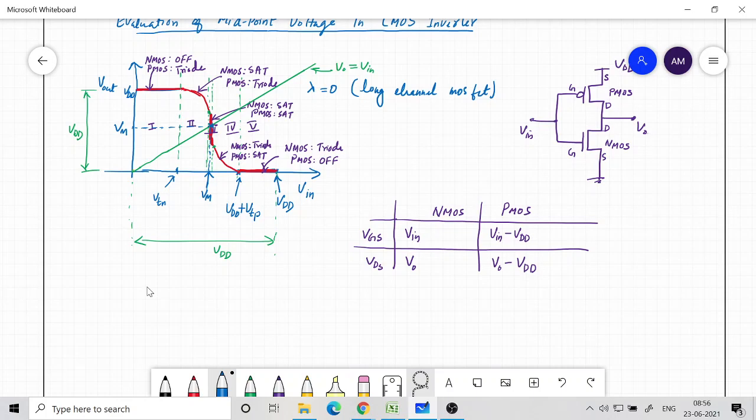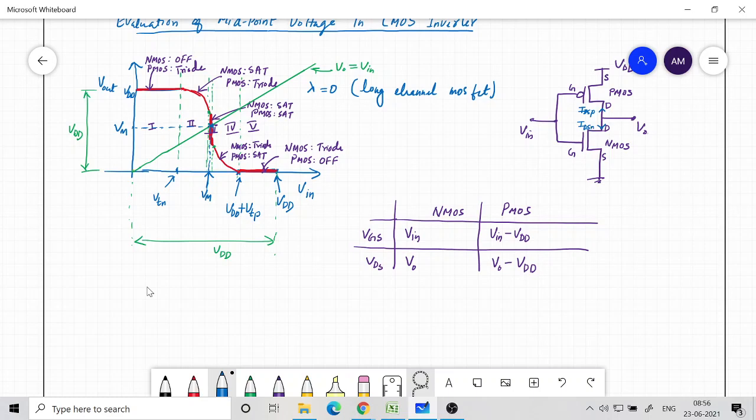We assume all the current is flowing from VDD to the ground, although there are some internal capacitances. If you look at the PMOS, IDS for PMOS is in this direction. This is IDSP.